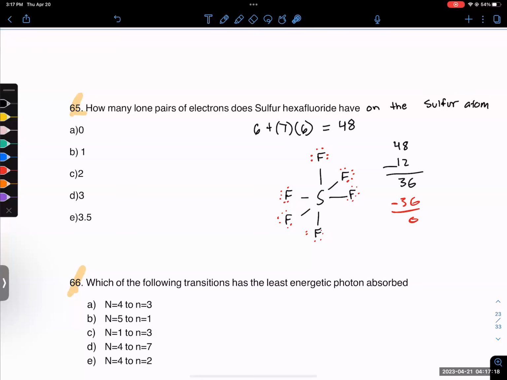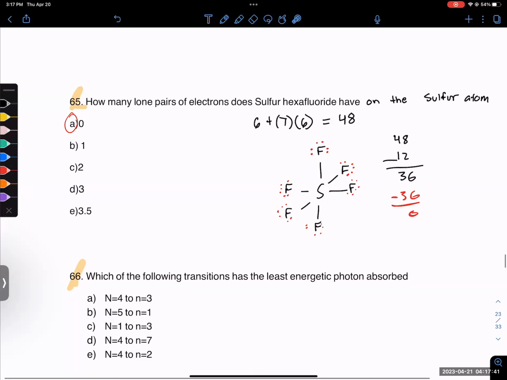So if it's sulfur hexafluoride, you know there's 6 fluorines around it. You know the sulfur can't have any more lone pairs because it's already maxed out. Therefore, the answer would be A without having to do all that work. But you could do the work and see for yourself that there are no lone pairs on that.